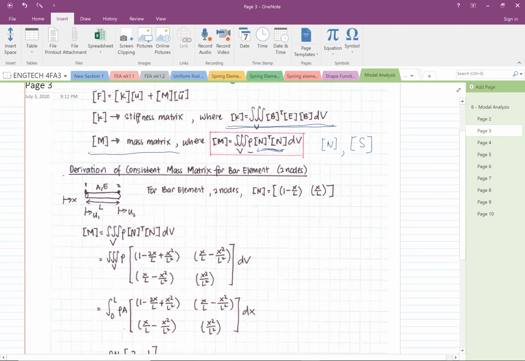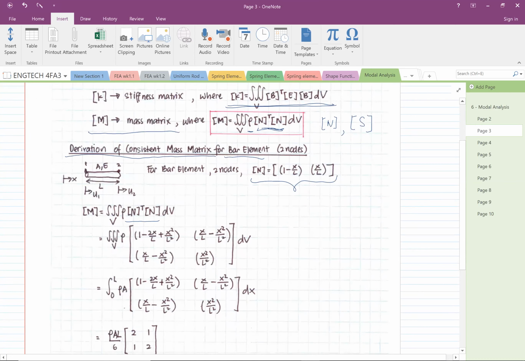Let's derive the constant mass matrix for bar elements. Remember, we have the shape function defined a long time ago, and then we just put that into the matrix form. We multiply them together. N is 1 by 2, and when you multiply them together, it becomes 2 by 2.